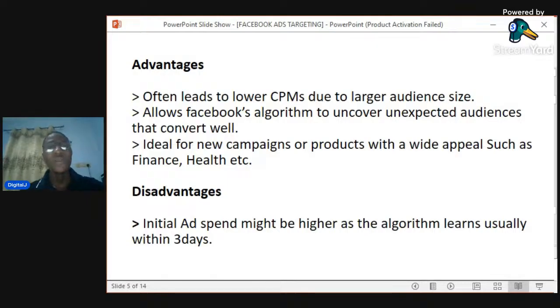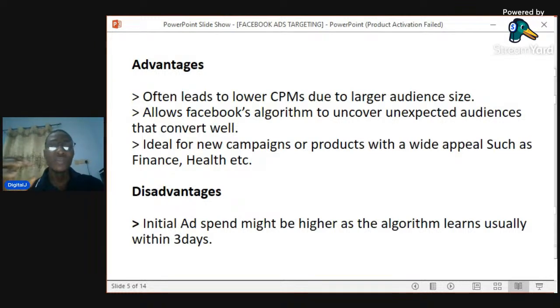One, it often leads to lower CPMs due to larger audience size. Now, what does this mean? Lower CPMs. CPM simply means cost per 1,000 impressions: how much Facebook is charging you to show your ads to 1,000 persons.